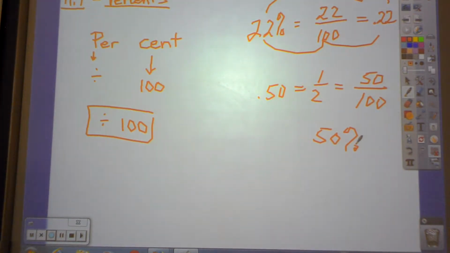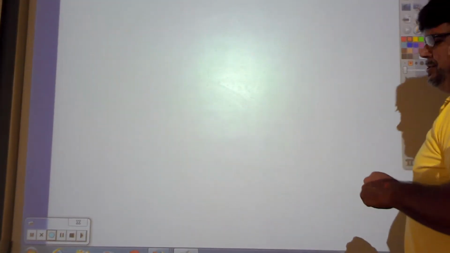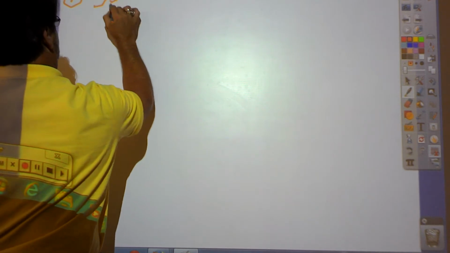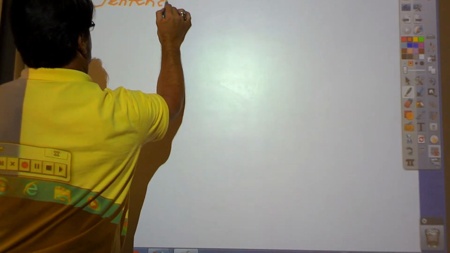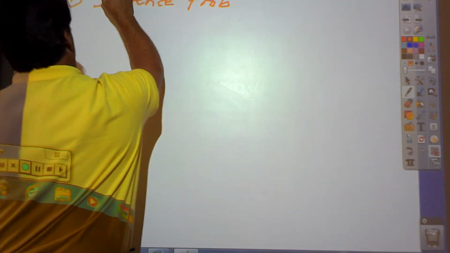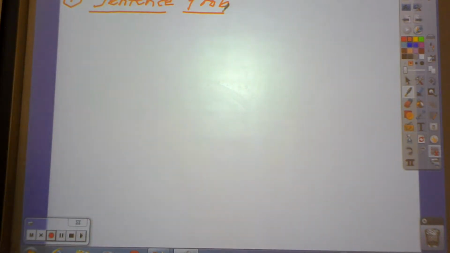The thing that I'm going to focus on in this section is the is-of percent-over-100 type problem, and that type problem is called a sentence problem. Now, you're not going to see that in the book, but that's what I call them, sentence problems. That's when you have 15 is what percent of 20? 15 is 7% of what number? 20% of what number is 13?